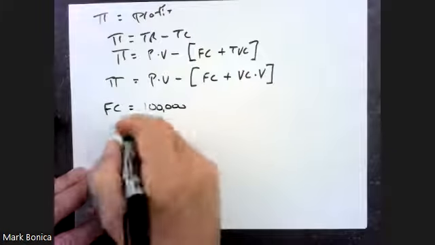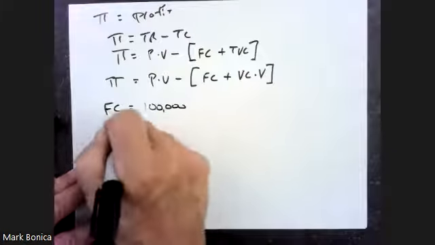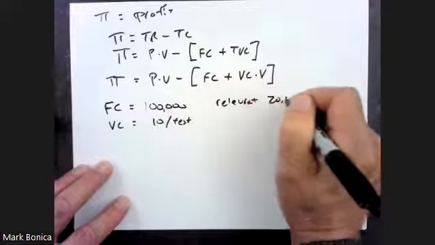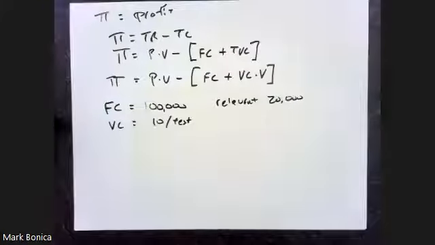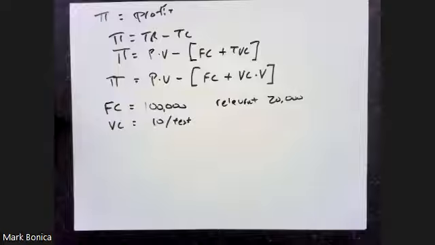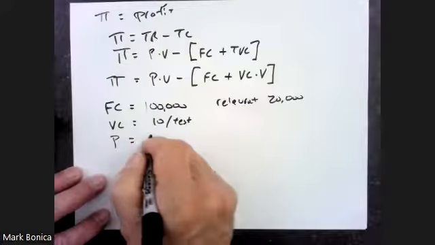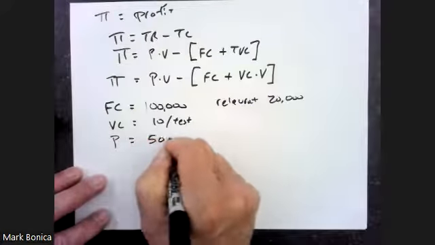Then we said that the variable cost was $10 per test. And we said that the relevant range was 20,000. Now, let's assume that we can get a price of $50 per test. So we're under fee for service assumptions.